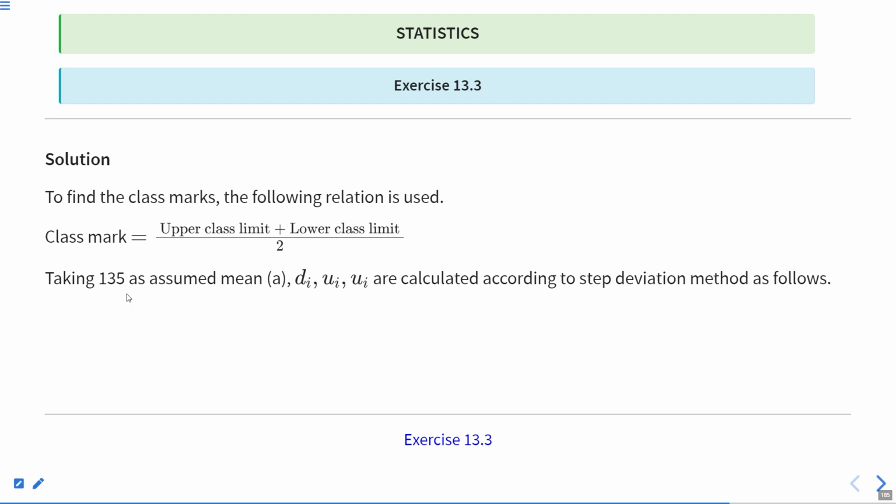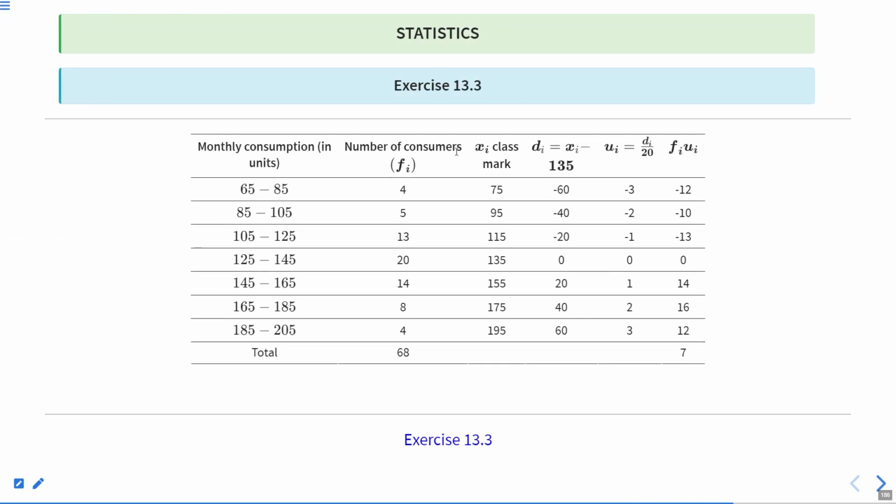Now, taking 135 as the assumed mean A, di and ui are calculated according to the step deviation method as follows. In this table we computed the values of xi, di, ui and fi ui.